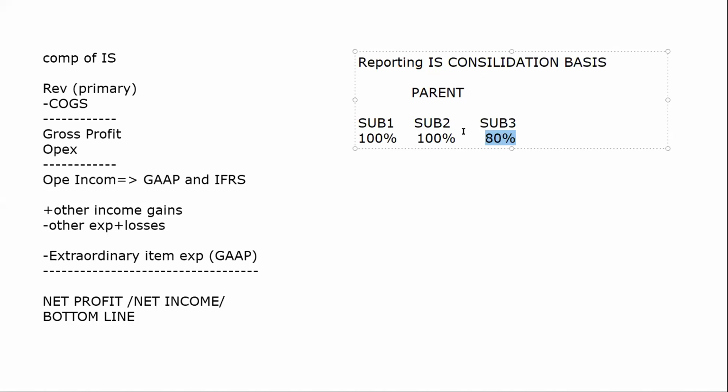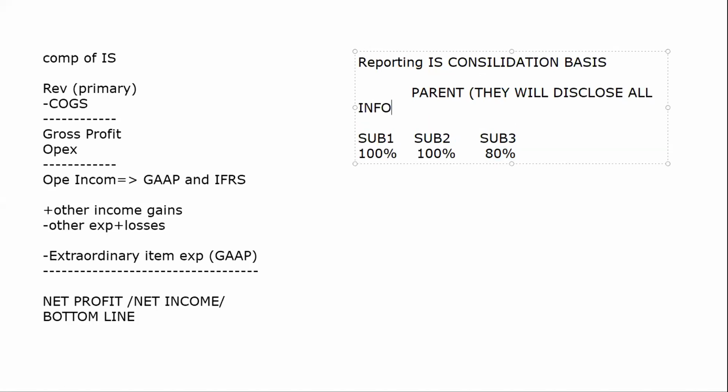Okay. May you repeat, please? The parent company will make the consolidated statements. They will disclose all information related to the income statement as 100% for all 3 branches.